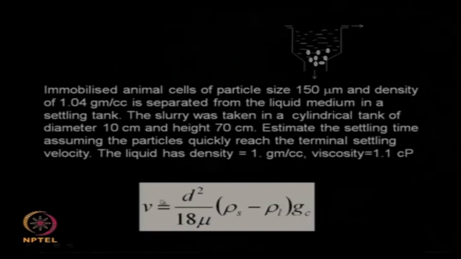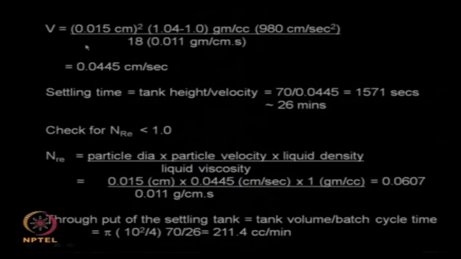Once we calculate the terminal settling velocity, I know the height of the tank. So from there I can calculate how long it will take a particle from the top to come down to the bottom, because that is what you want to calculate, the settling time. So we introduce all the terms in our Stokes equation and we end up with a terminal settling velocity of 0.0445 centimeter per second.